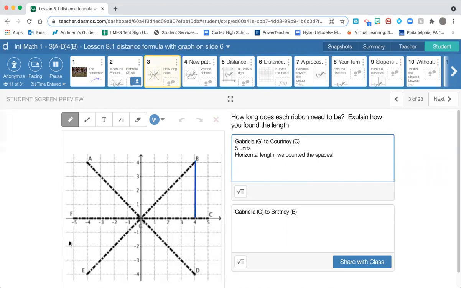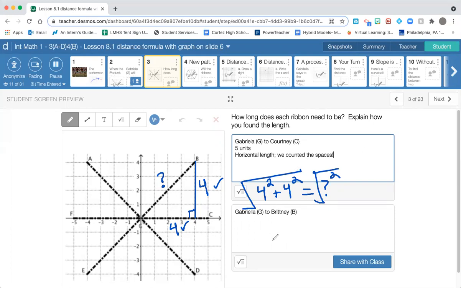Well, if we draw this vertical line or altitude, does this now look like a right triangle with a side length of 4 and a side length of 4, and a missing hypotenuse that we're trying to find? Sure does. So we can get G to B. We square 4, square this other 4, and this should equal our hypotenuse squared. We could take the square root of all that.